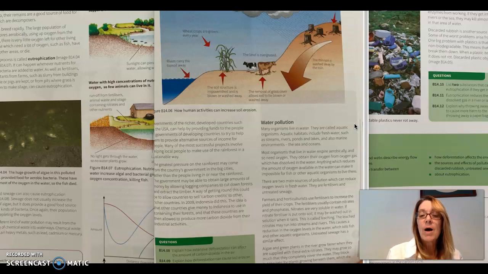And one of the biggest around here, and Florida has put some laws into effect to reduce the amount of fertilizers that are used, or the types of fertilizers that are used in yards, on the golf courses, in the fields, and the farms, is nitrates, because one of the main chemicals in fertilizers is nitrates.